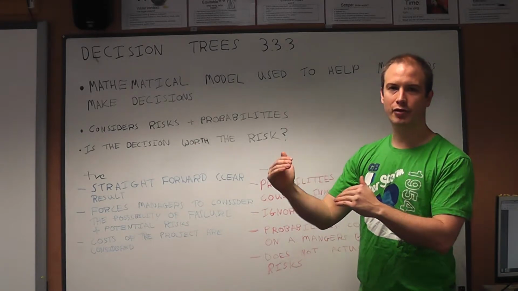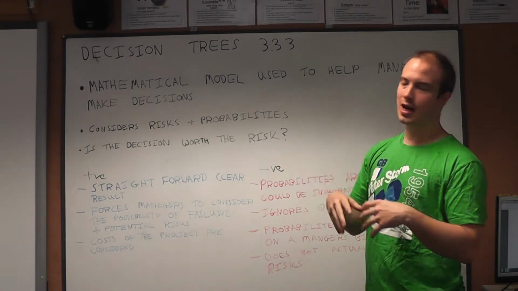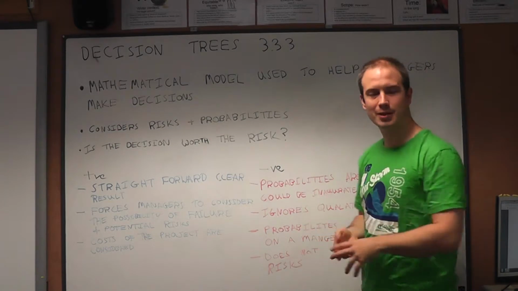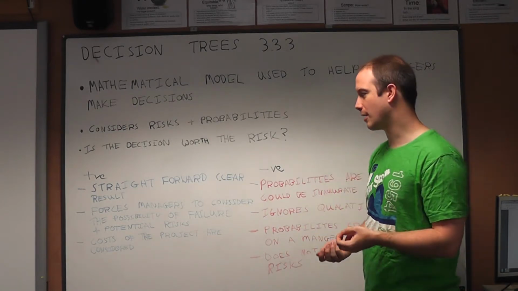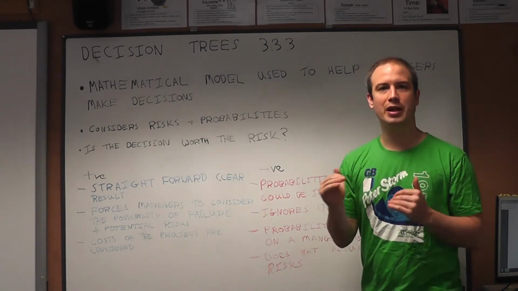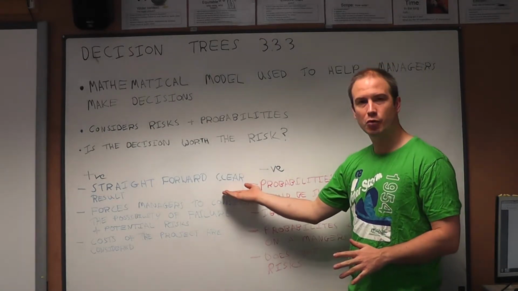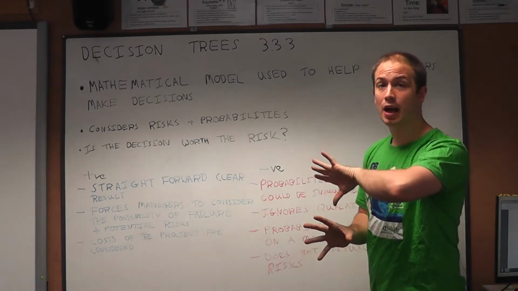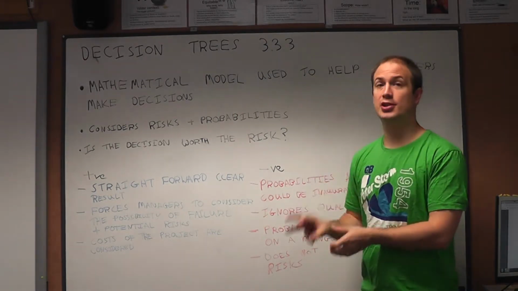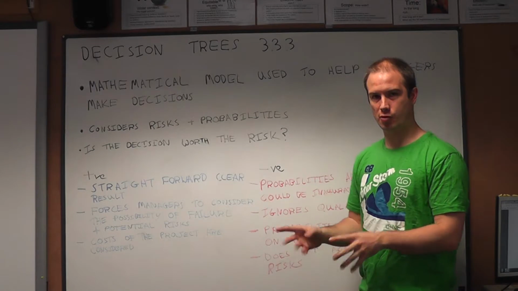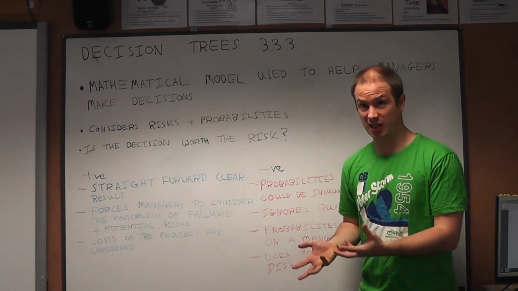If you were to complete the decision tree 100 times, how much money on average would you be making? And yeah, it gives you a straightforward, clear result. You can compare the different branches of the decision tree, which I'll talk about a bit more in my next video when we start actually looking at one of these.